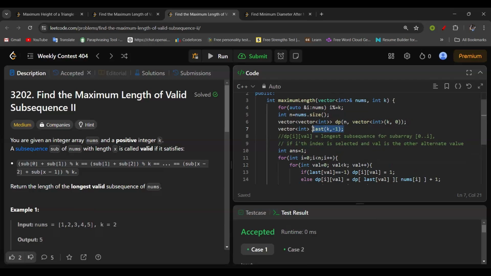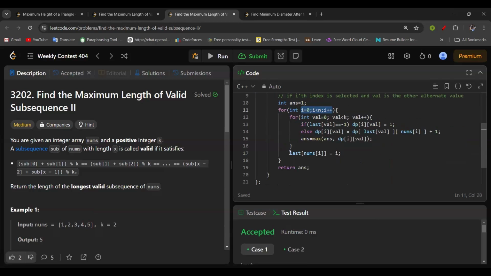I would not be able to store this map in the recursive way, because in iterative I'm going from starting from 0 and going up till the nth index, so I'm able to update this and use this. But in recursive, I'm going top down from n to 0, and it's not in order.